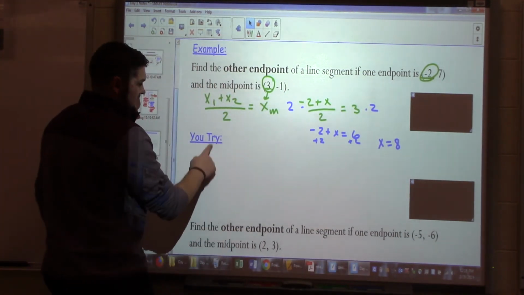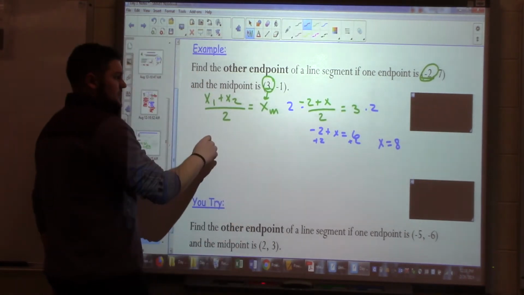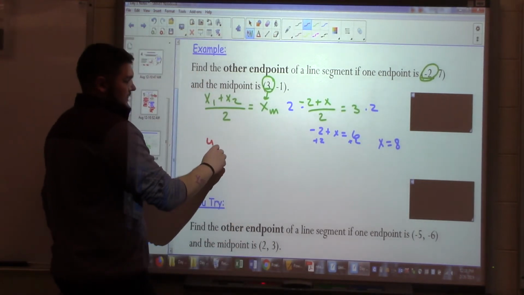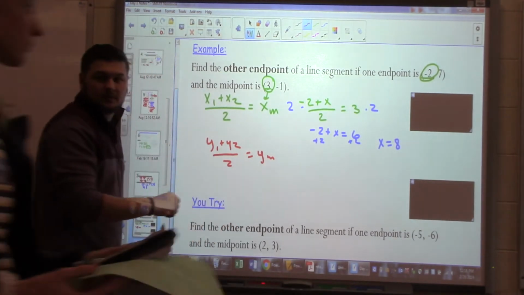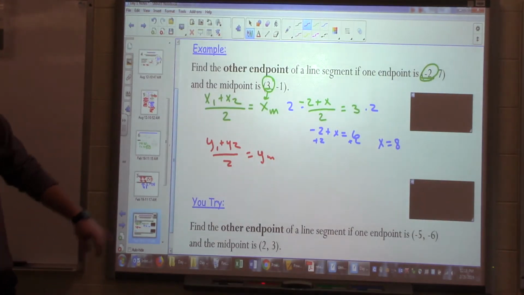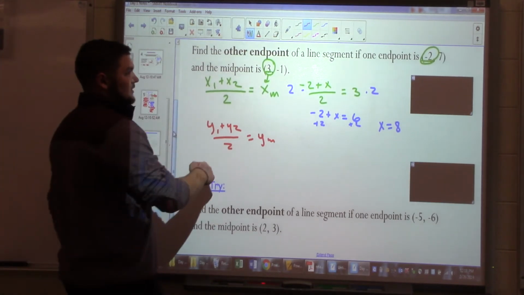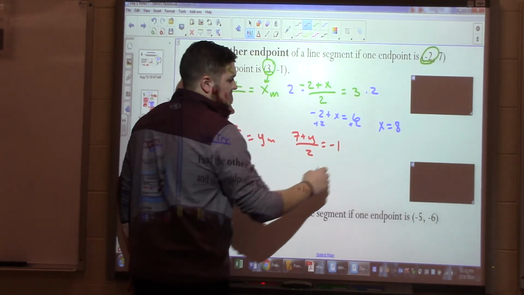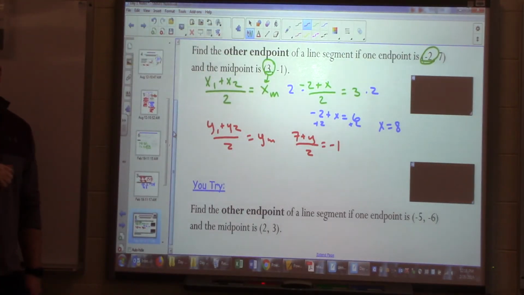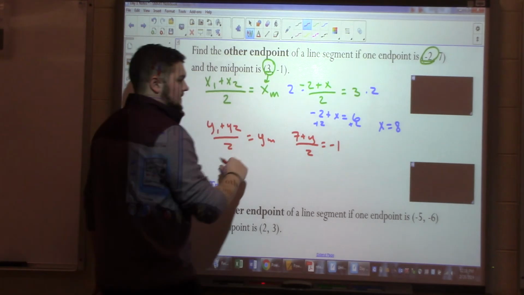So on the y value, same thing: y1 plus y2 over 2 equals the y for my midpoint. So, 7 plus y over 2 equals -1.